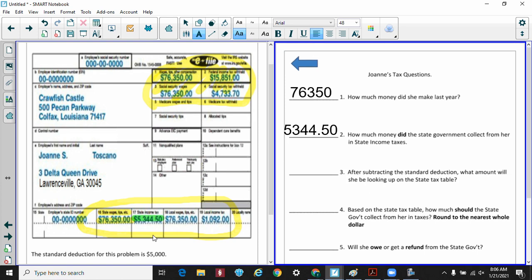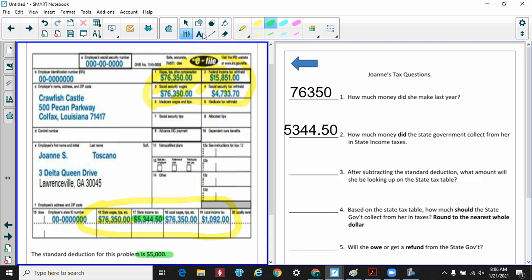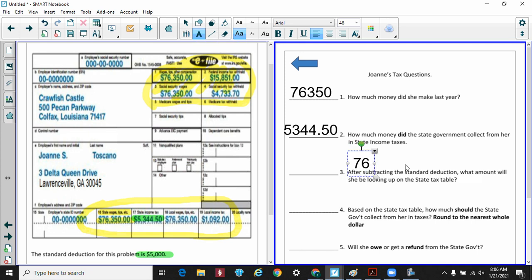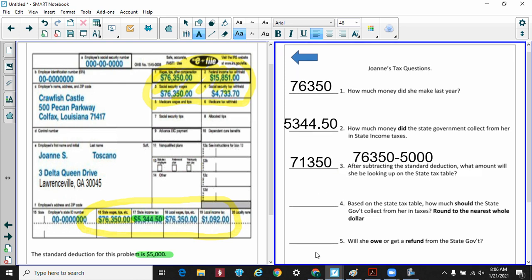Well, the standard deduction for this problem will always be 5,000. So we take how much money she made and subtract 5,000 from it. So we will be looking up 71,350.